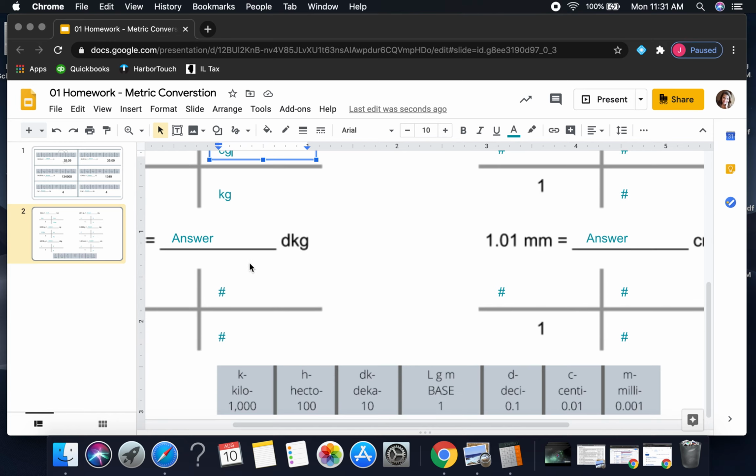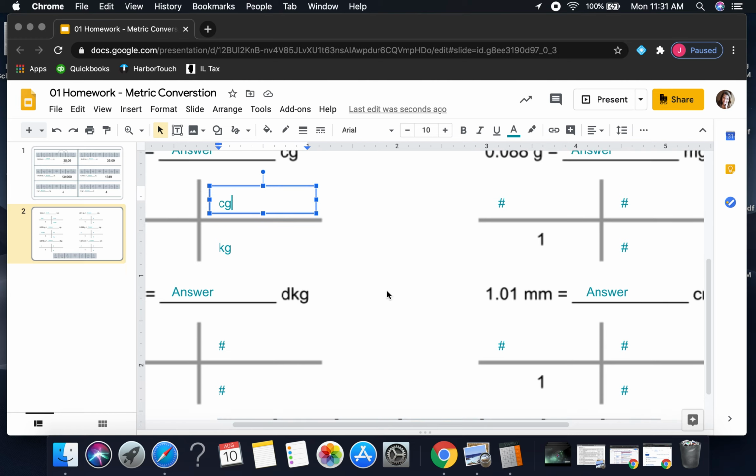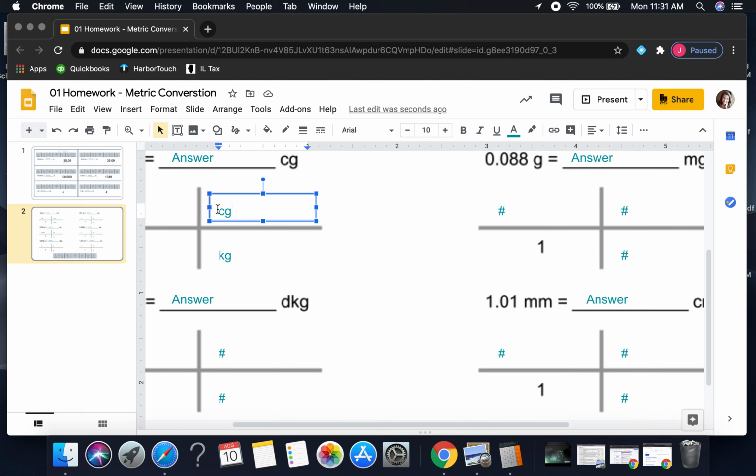Remember we jumped 5 times, 1, 2, 3, 4, 5, so we're going to have 5 zeros after our 1. So 1 and then 1, 2, 3, 4, 5. If you want to add the comma in there, you can. So 1 kilogram equals 100,000 centigrams.